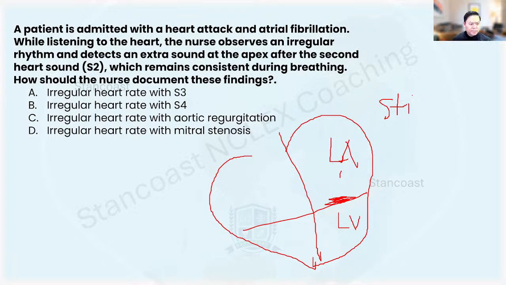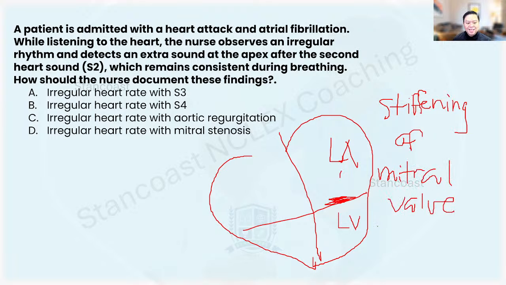Again, it is the stiffening of the mitral valve. Yes, mitral stenosis, stiffening of the mitral valve. Again, this will not allow full transport of the blood coming from the left atrium into the left ventricle because the leaflet is quite stiff.